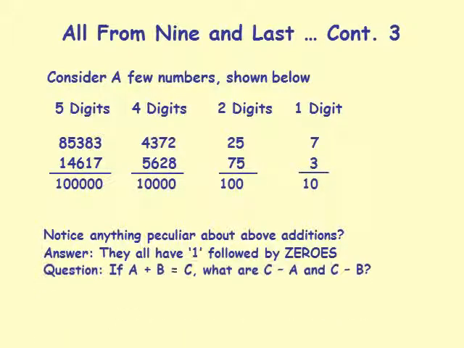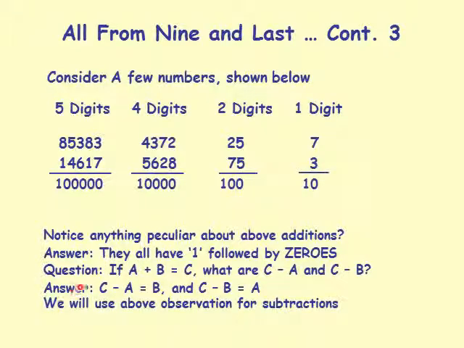Now a question: if A plus B is equal to C, what are C minus A and C minus B? If A plus B is equal to C, then C minus A must be B, and C minus B must be A. We will use this to do the subtraction.